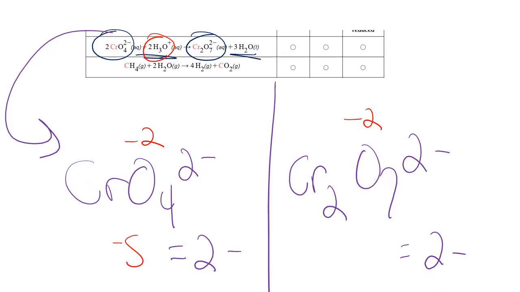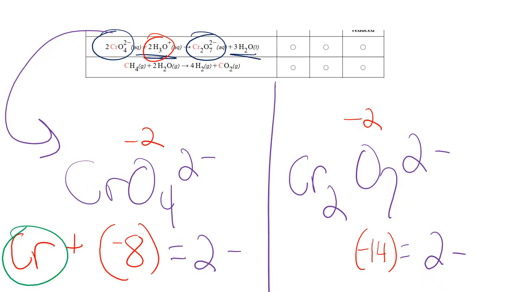So on the reactant side, we can put a -8 because there's 4 oxygens. On the product side, we can put a -14 because there's 7 oxygens. And on the left side, or the reactant side, what must chromium be to equal that -2? And chromium will have to be a +6.